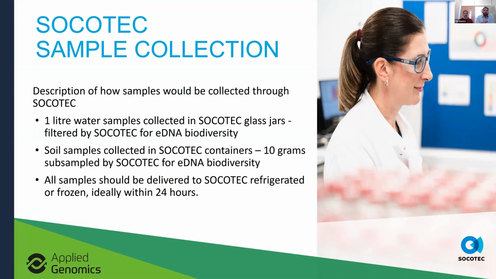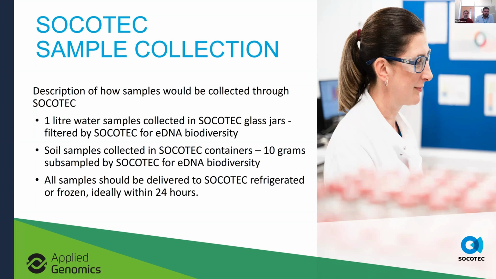And this is what I wanted to speak about just now: the sample collection for eDNA can be rolled in very simply, very cheaply, into your already existing chemistry sample taking. So if you're taking soil samples, water samples, or marine sediment samples, if you're already going out to take chemistry samples, you can add another glass jar, which will be supplied by Socotec, and then you can send it back to us without doing anything differently.